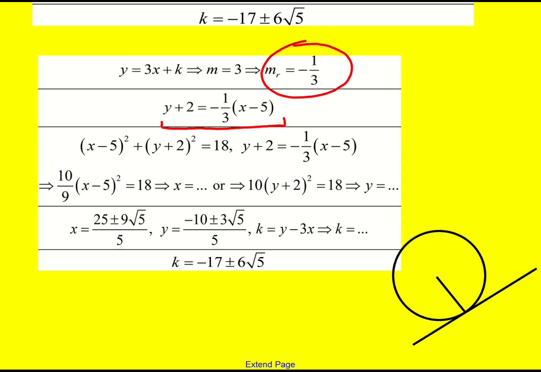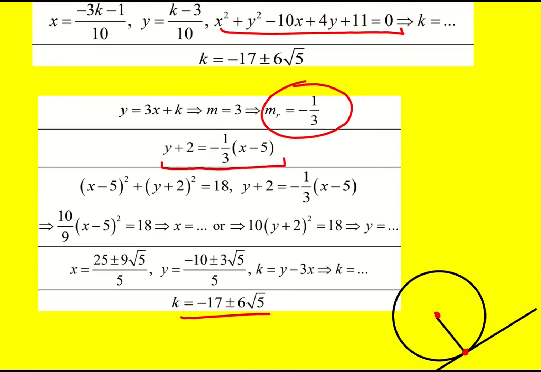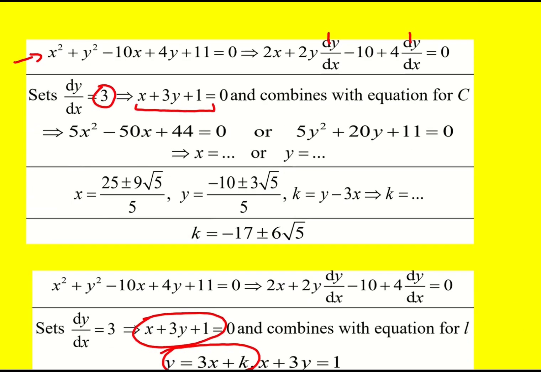We know it goes through the center, but then we can solve it with the circle again and get x and y values for where it hits the circle, and from that work out k. Again, it's just quite involved, but these three methods work as well.